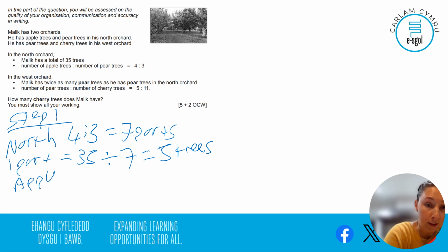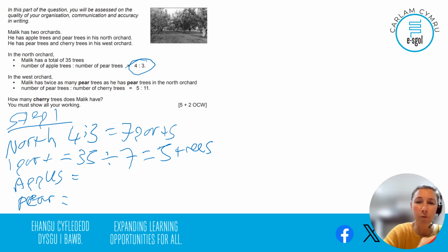So if we write apple trees down here, and then we've got pear trees. So we know 4 to 3. So it's 4 times 5, because that's the answer we just got from here.